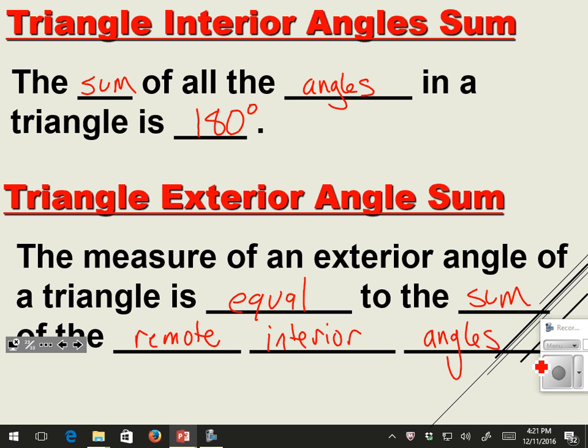So the remote interior angles, when you add them up together, would always equal the exterior angle. All right, guys, I think you got this.